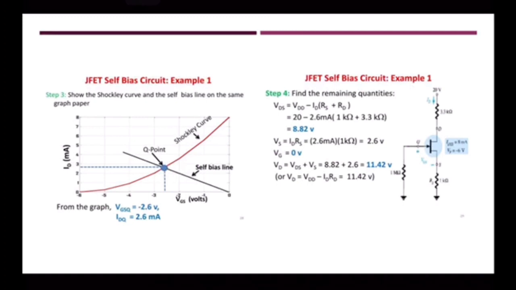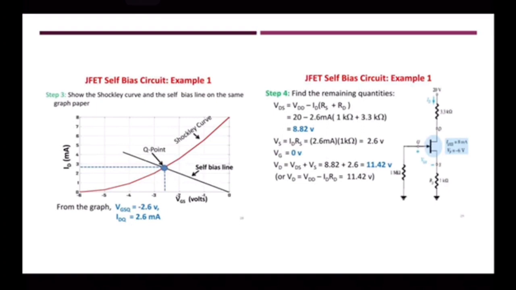For VDS, we use VDD minus ID times RS plus RD, and the answer is 8.82 volt. For VS, ID times RS, 2.6 mA times 1 kilo ohm, and we get 2.6 volt.